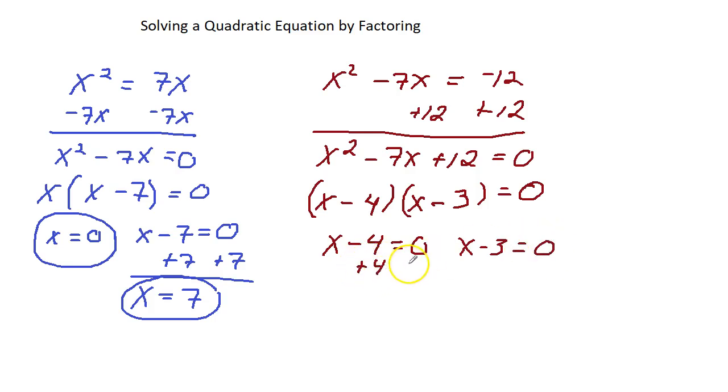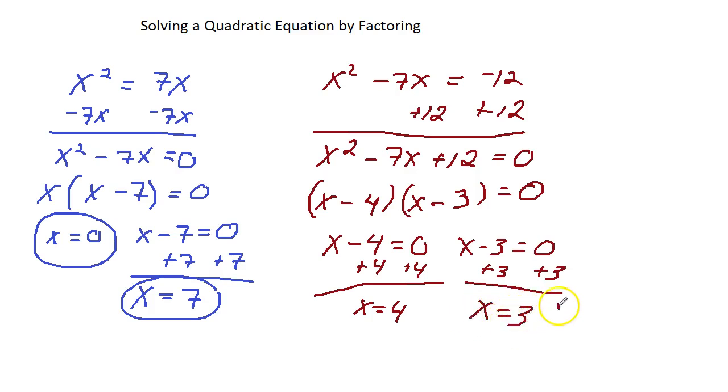Add 4 to each side. x equals 4. And here I'm going to add 3 to each side. And I get x equals 3. So my two answers are 3 and 4.